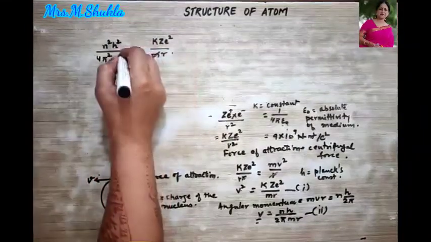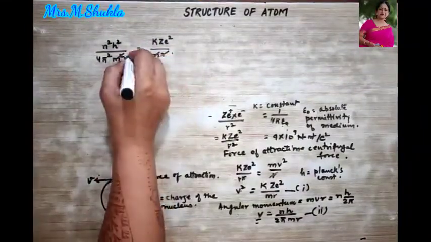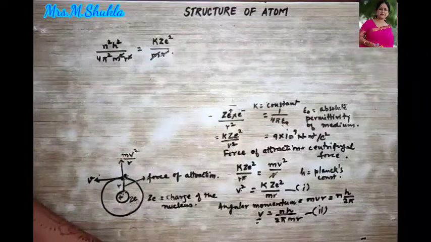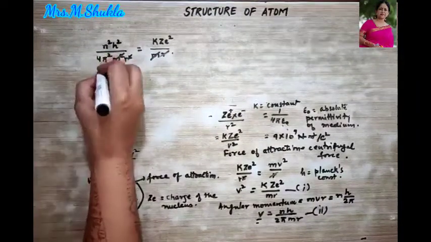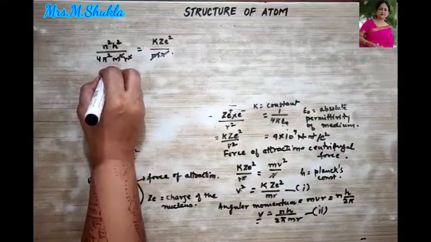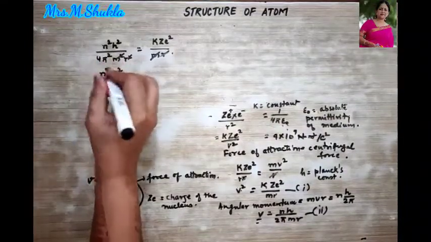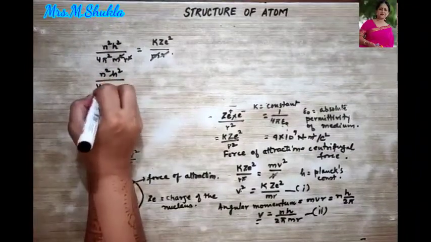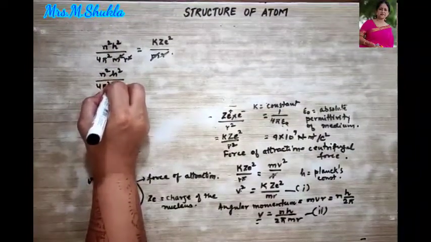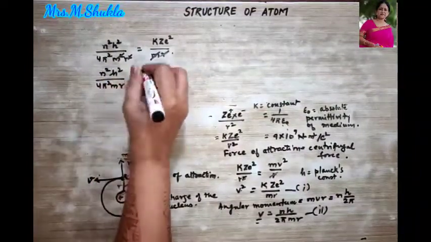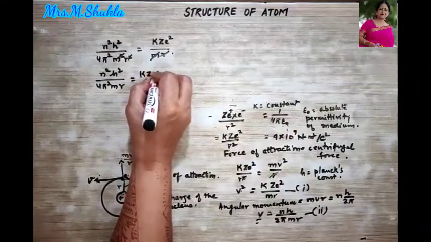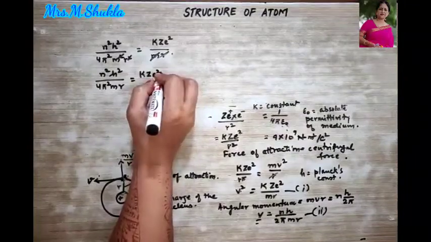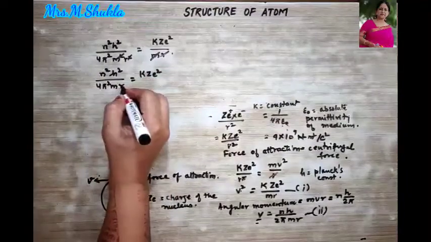Now m and m get cancelled, r and r get cancelled. Is anything else going to get cancelled? No. Okay, so let's go ahead. Thus what do we get? n square h square upon 4 pi square mr is equal to the constant Ze square. Okay, now how to find out the radius?